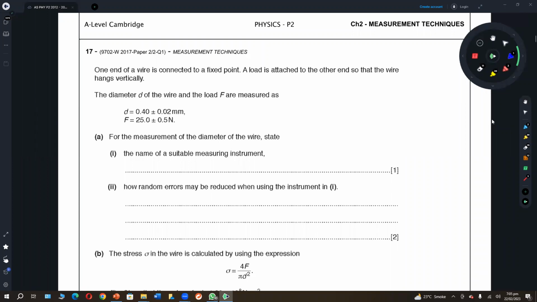If you find this question, November 2017, paper 2, question number 1. I found it.